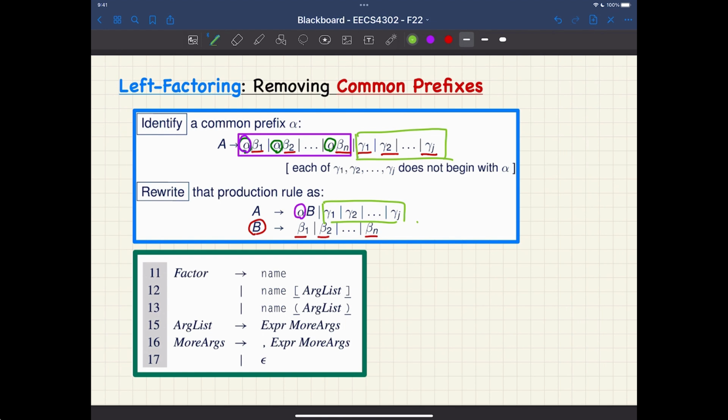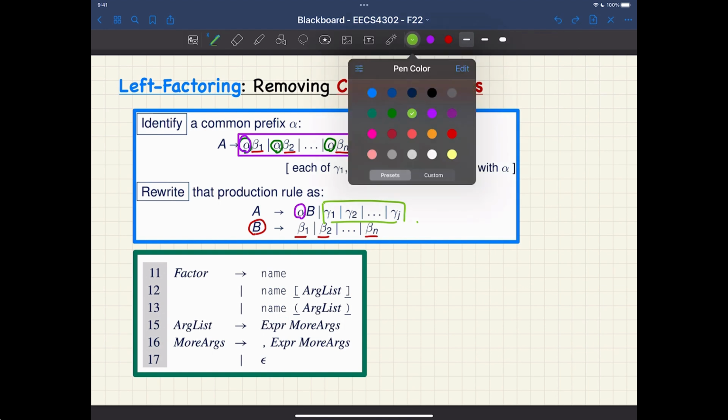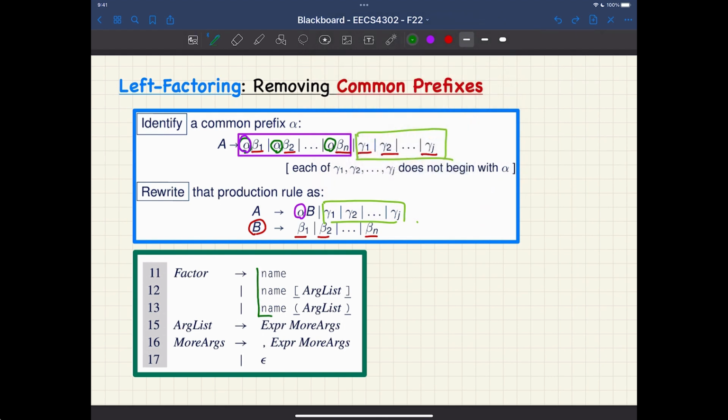So here you can think about this part over here is the alpha. And then this part over here is nothing, like epsilon.